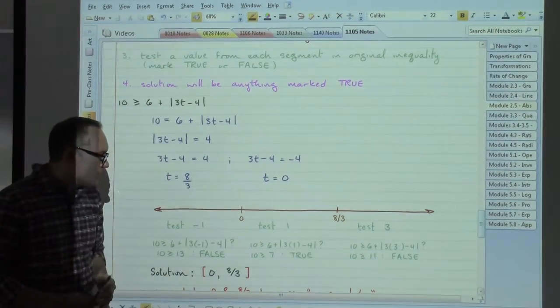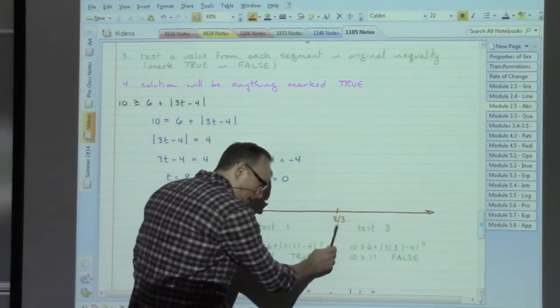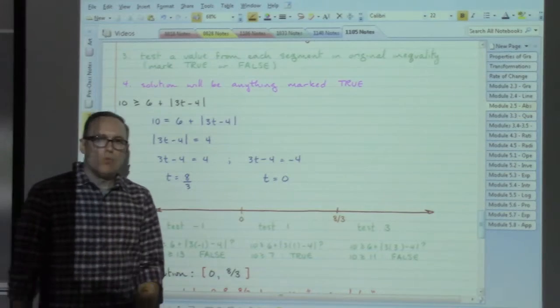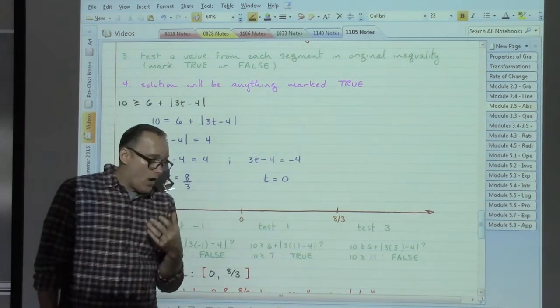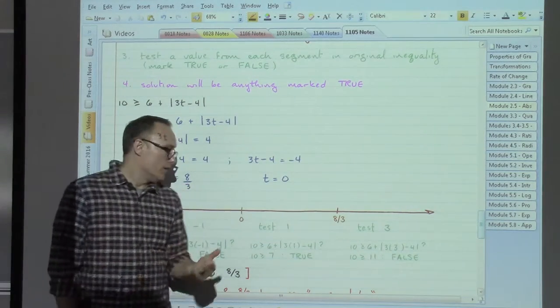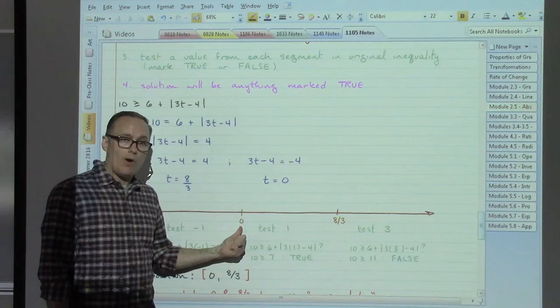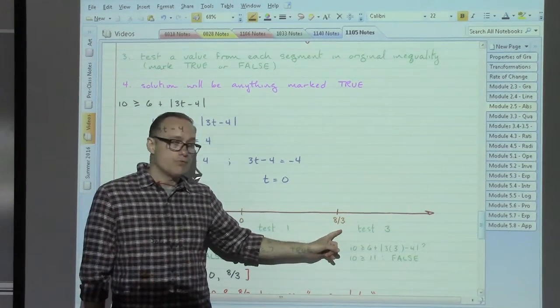The only other issue that we have: what about the 0? What about the 8 over 3? Well, we've mentioned that idea before with just our regular old inequalities. Our inequality symbol is going to have control over whether we include or omit the 0, and whether we include or omit the 8 over 3.